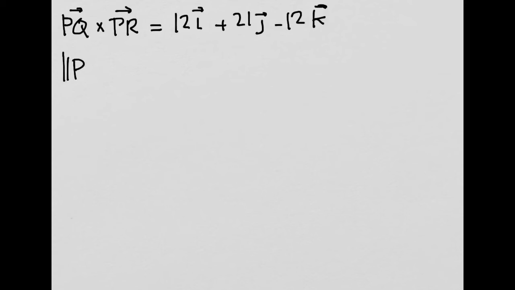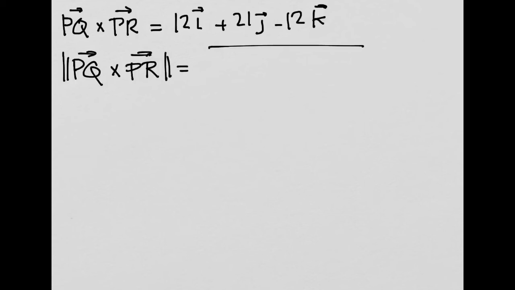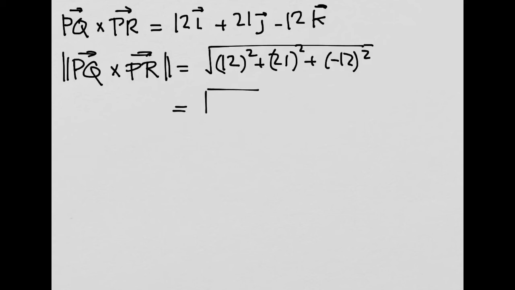Magnitude of PQ cross PR is equal to the square root of 12 squared plus 21 squared plus minus 12 squared. That's equal to the square root of 729, which is equal to 27.